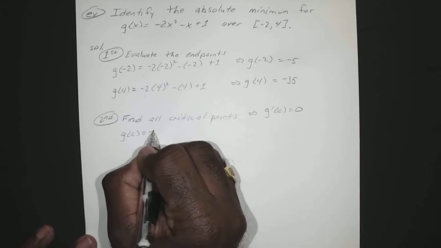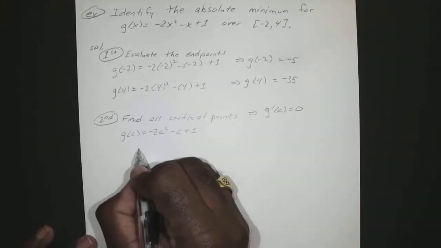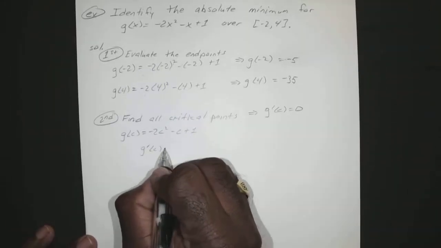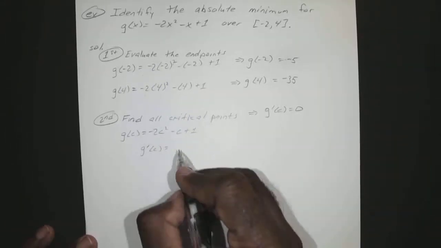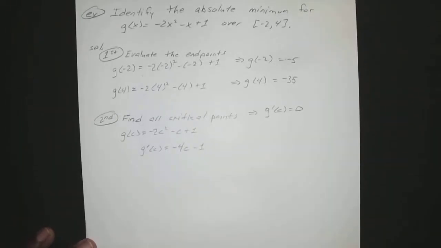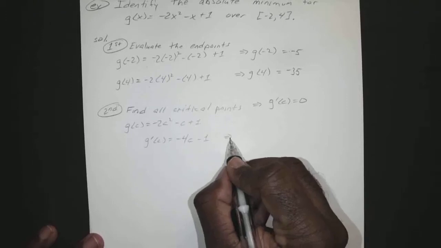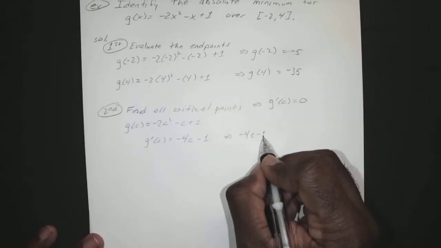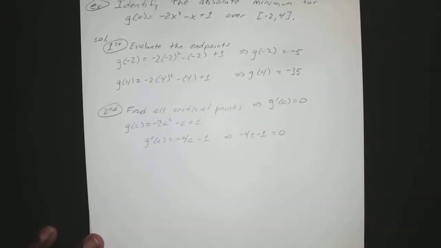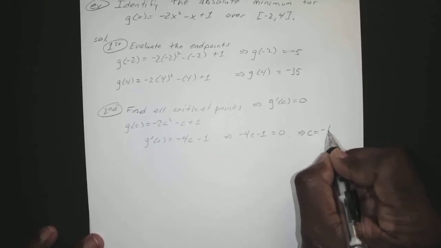So g of c is equal to negative 2c squared minus c plus 1. So our g prime of c is equal to negative 4c minus 1. We have to find out where that equals 0. So negative 4c minus 1 equals 0. If we add 1 to both sides, divide by negative 4, we know that c is equal to negative 1/4.